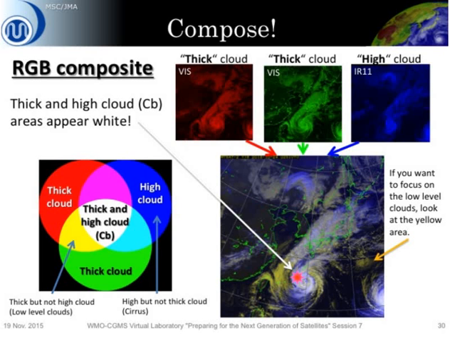If you want to focus on the low-level clouds, just look at the yellow area. You can understand the reason by considering this color chart. Yellow denotes thick but not high clouds.